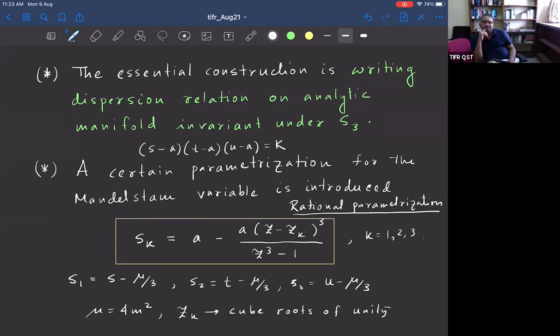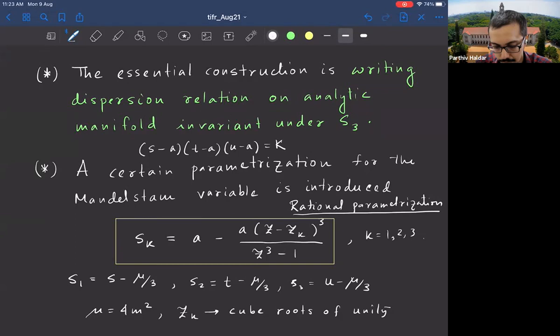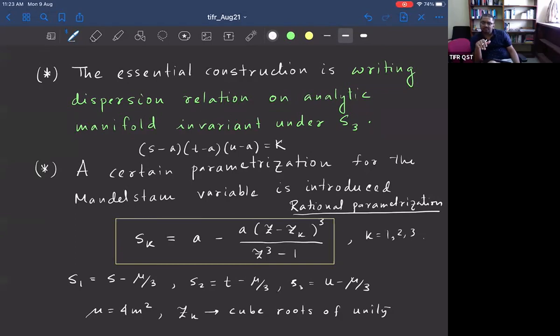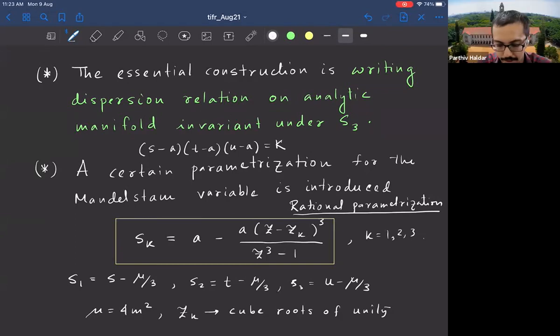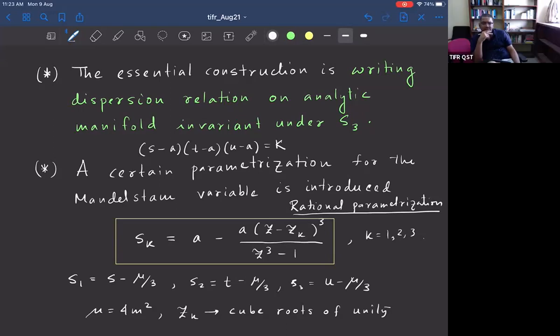So one question, Parthiv. You're saying this parameterization is for the manifold given by S minus 8, T minus 8, U minus 8 equals K, right? Yeah. So to begin with, you had a two-dimensional space of S and T. Yes. But with this, it should be one-dimensional, right? But your parameterization is for two-dimensional space. So it confuses.